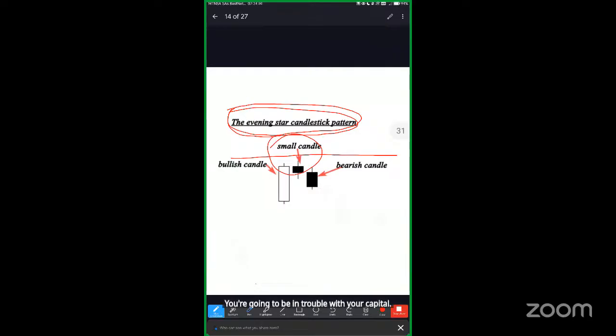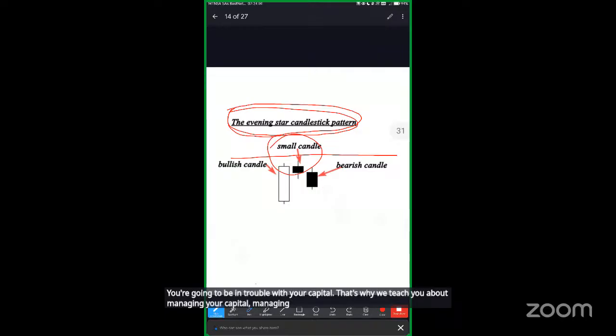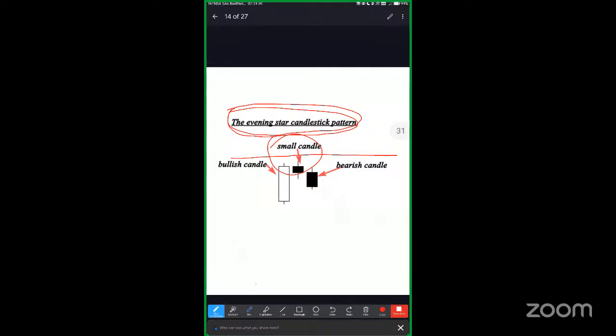That's why we teach you about managing your capital, managing your wallet, because we know there are thieves that come when you find yourself walking at night. You make sure that if you have some money, it is no longer in your pocket. Maybe you hide it in the socks.